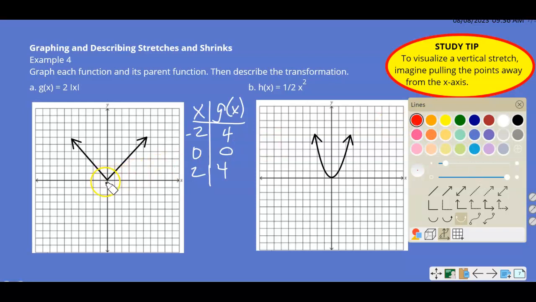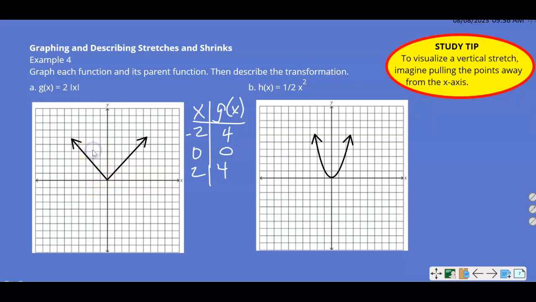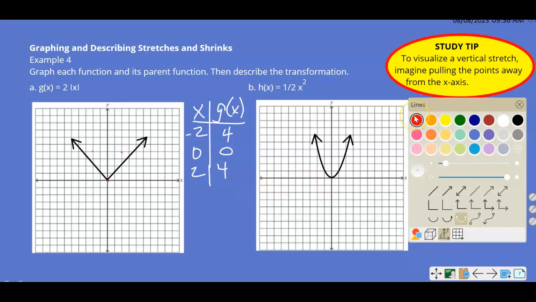So if we have -2, 4, I need a point here. I need a point at 0, 0, and I need a point at 2, 4. And we can draw our new graph.